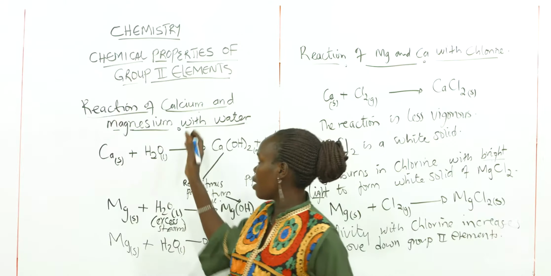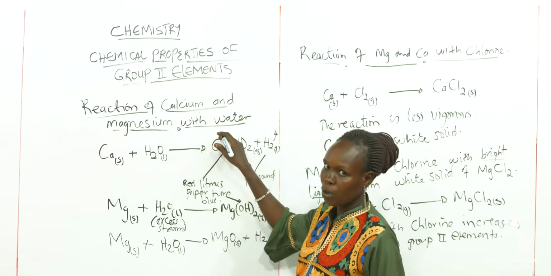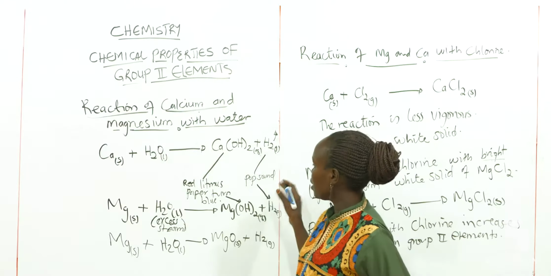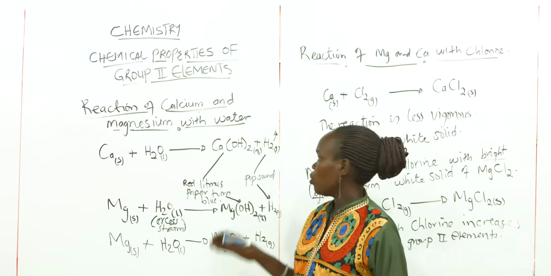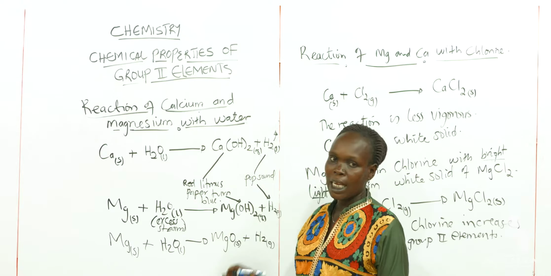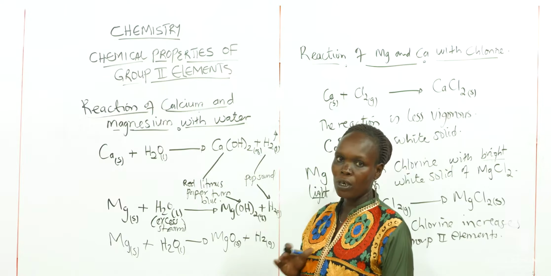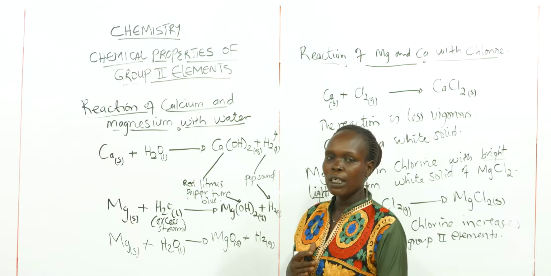Remember, here we have the reaction of calcium and magnesium with water. The reactivity here also increases as you move down the group. With water, you throw the metal inside the water, and then it will start the reaction.